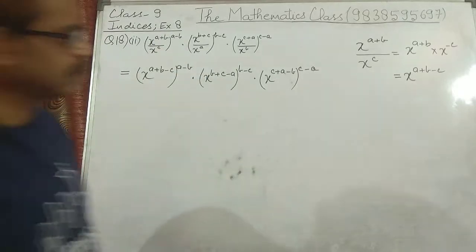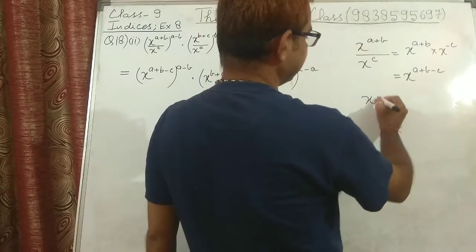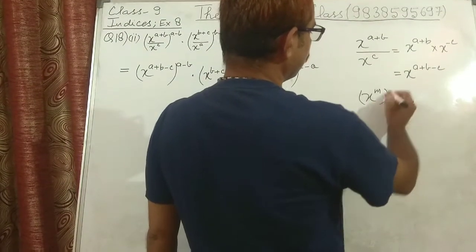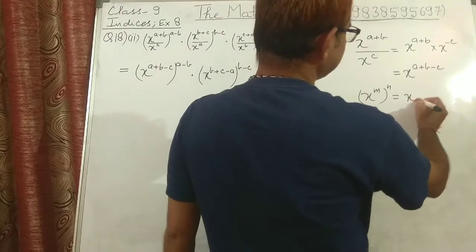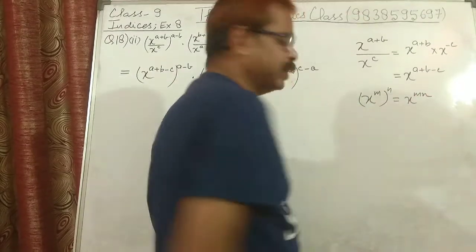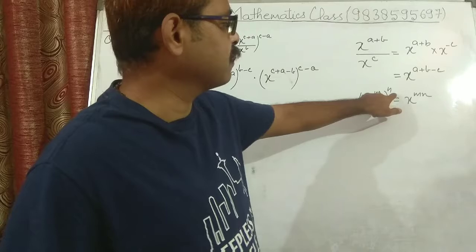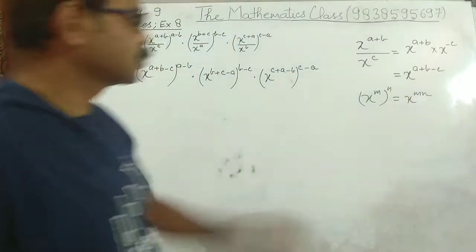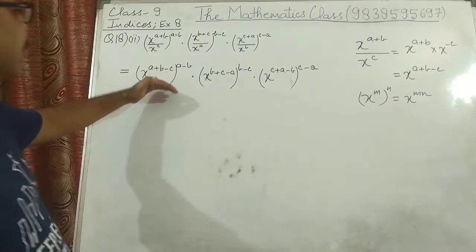Now we know when there is a power of power, let's say x to the power m whole power n, it means x to the power mn, or we know that powers of powers are multiplied. So this law we will be using in this.